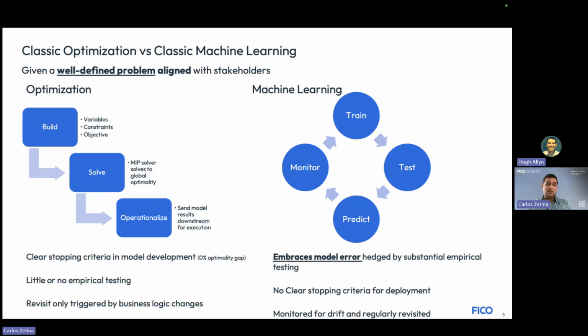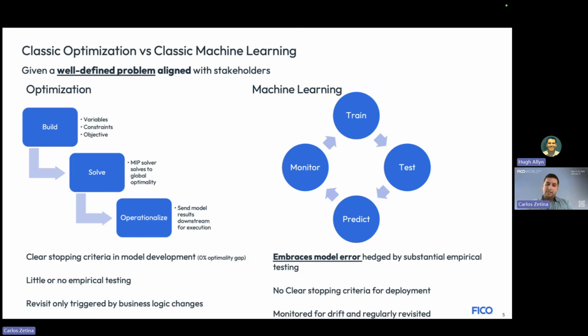Now, in the case of using an exact solver like FICO Xpress, usually once we are able to solve to global optimality, meaning to an optimality gap of 0%, we often say this problem is done. This is as good as we can get. And then we operationalize the result from that solve.